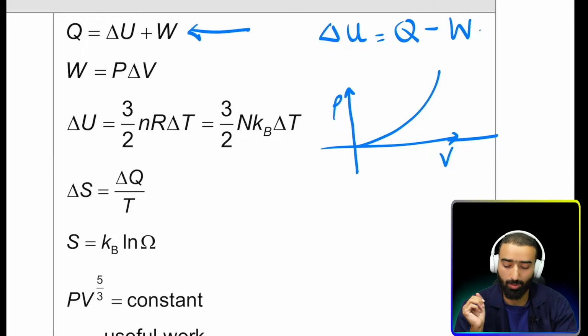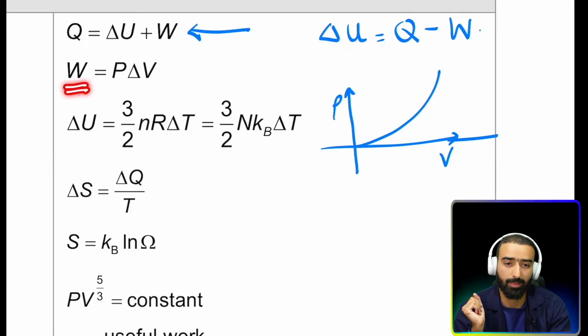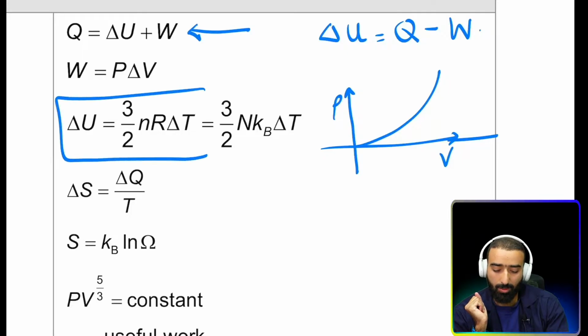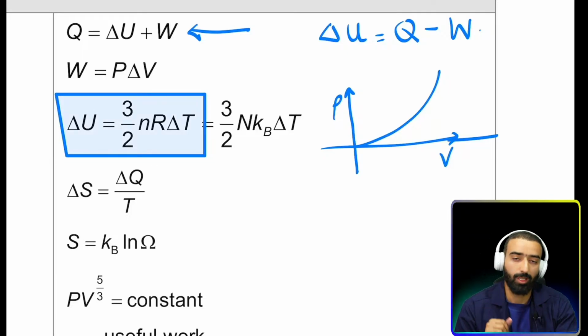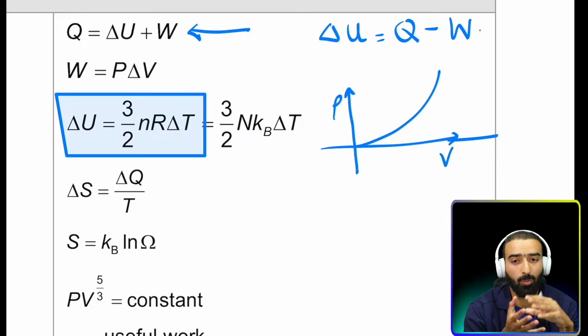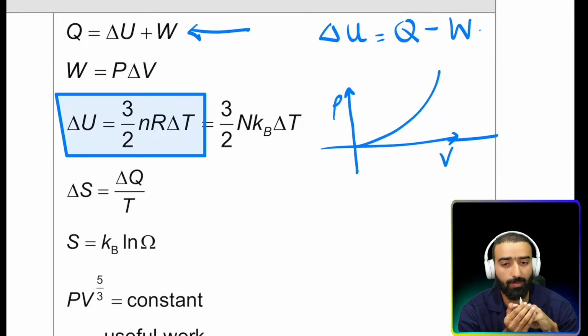That's going to give you the work done by the gas. What's this next equation about? Whenever a gas changes its temperature, you can find how much internal energy change has occurred in the gas.